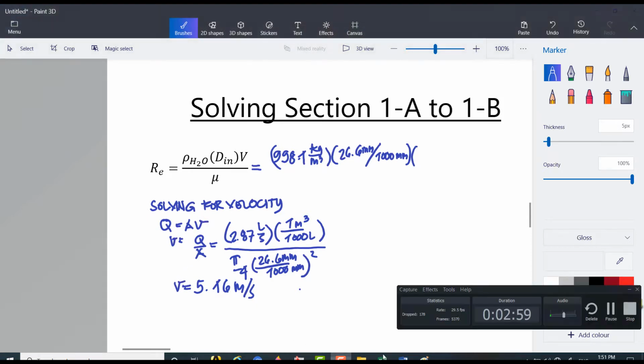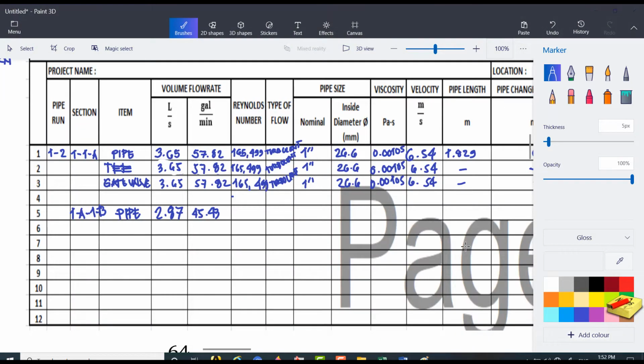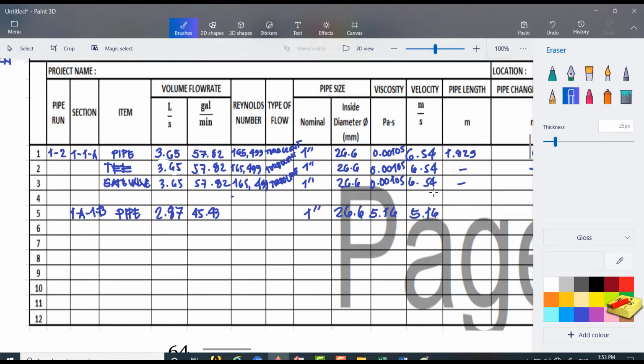So let's input that value, 5.16. And this is a 1-inch pipe, so the diameter is also the same, 26.6, and the velocity is 5.16. Let's erase this one.